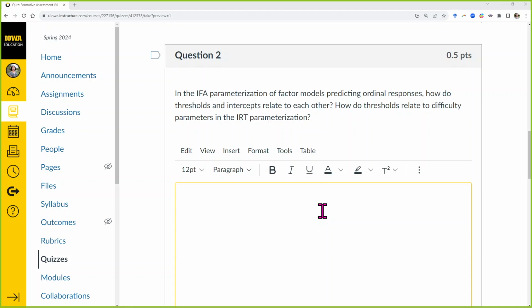However, now we have this idea of lower versus higher, and that depends on the number of categories we have. So let's say that our variable has 4 categories. How many submodels will we have? C minus 1, where C is the number of categories. So 4 minus 1 is 3: 3 intercepts or 3 thresholds or 3 B parameters that we will have in our model.